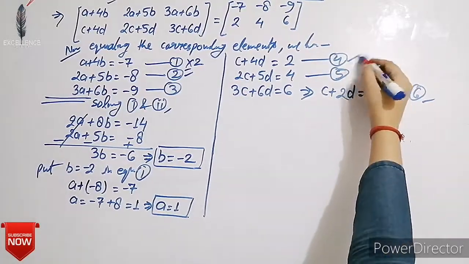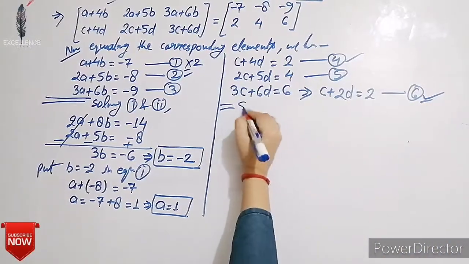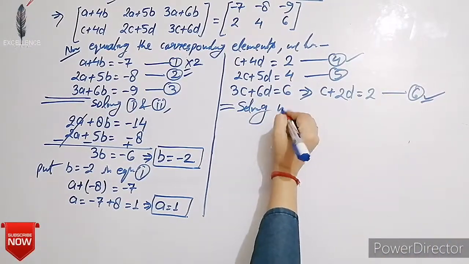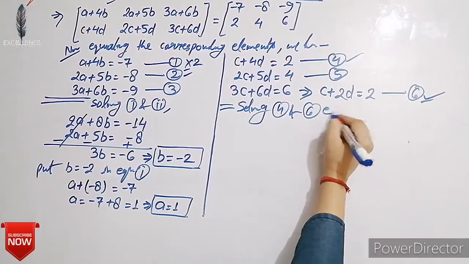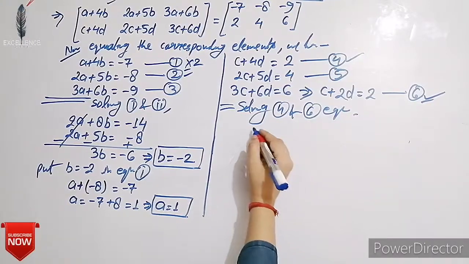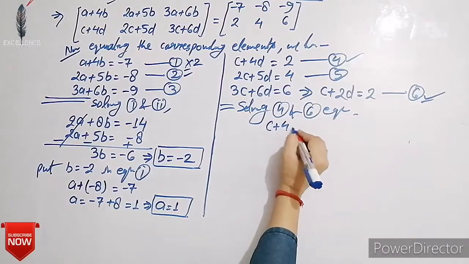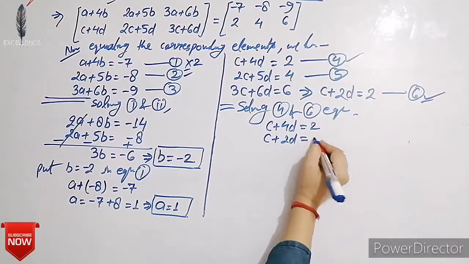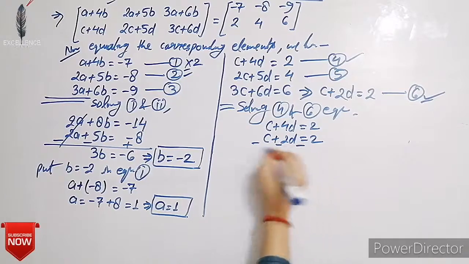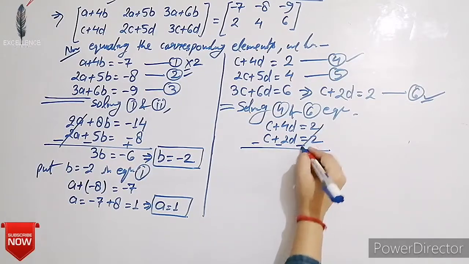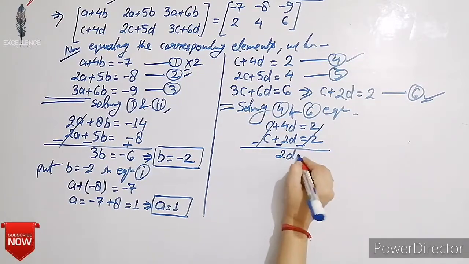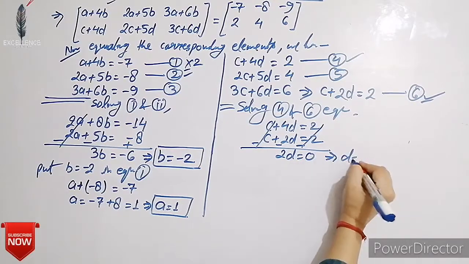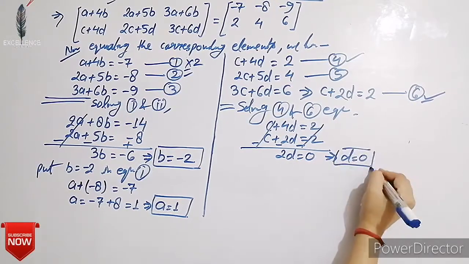Now, on solving the fourth and sixth equations, we have C plus 4D equals 2 and C plus 2D equals 2. On subtracting these equations, we get 2D equals 0, that gives D equals 0.